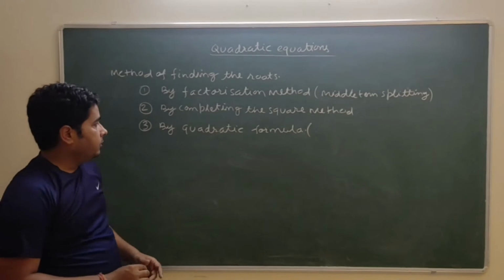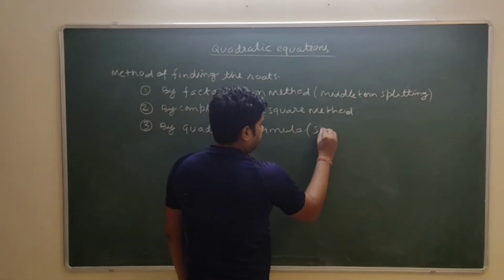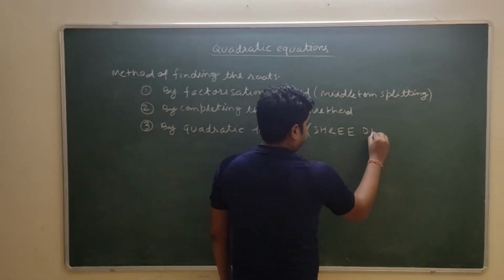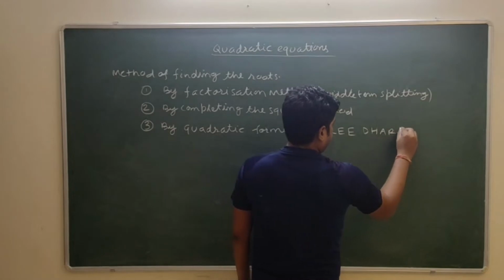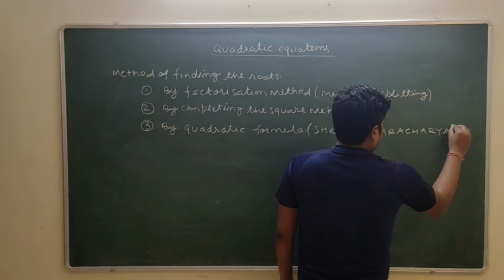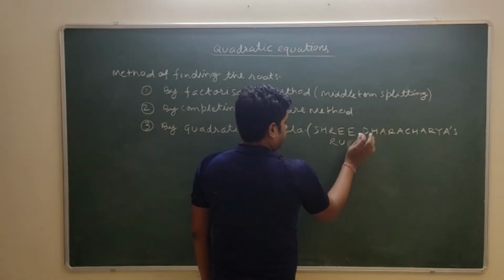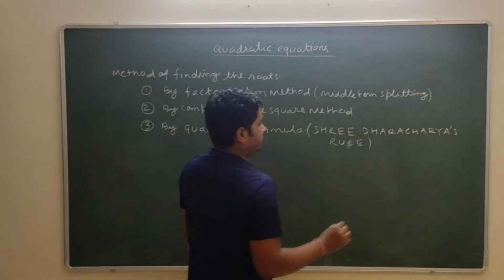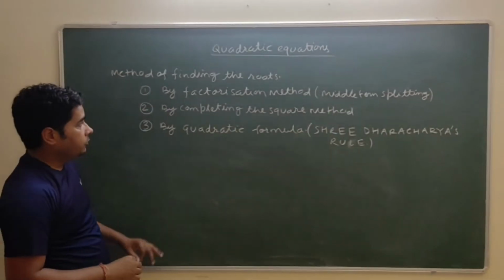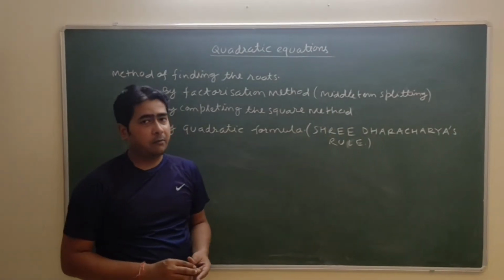This method was invented by the Indian mathematician Sridharacharya, so we can call this Sridharacharya's rule. So these three are the methods in which we can find the roots of any given quadratic equation.